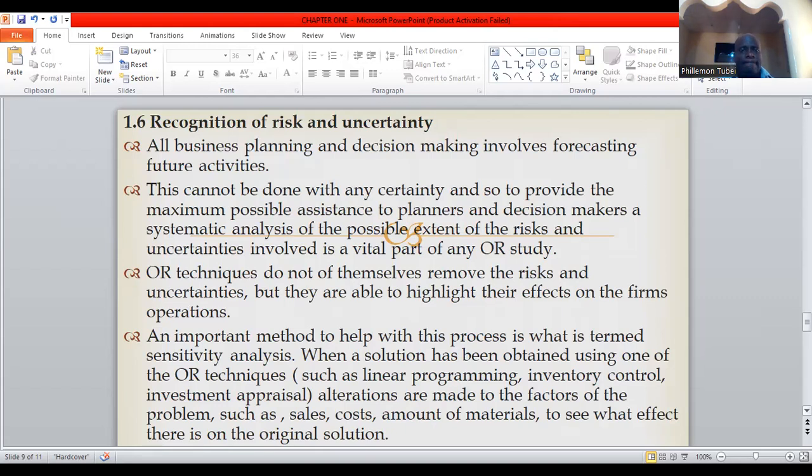That is true. This cannot be done with any certainty, and so to provide the maximum possible assistance to planners and decision makers, a systematic analysis of the possible extent of the risks and uncertainties involved is a vital part of any operation research study.